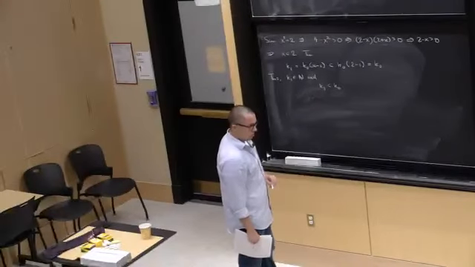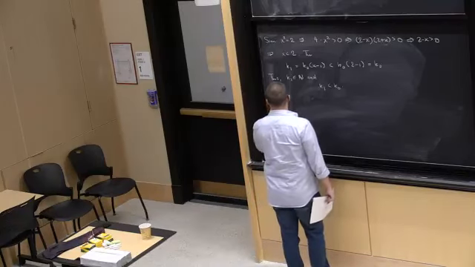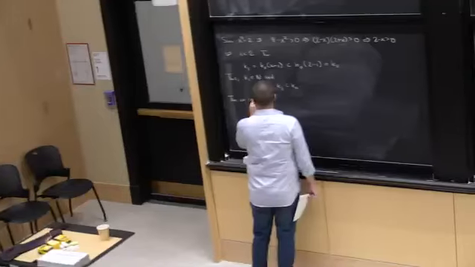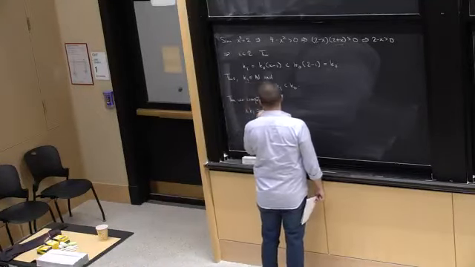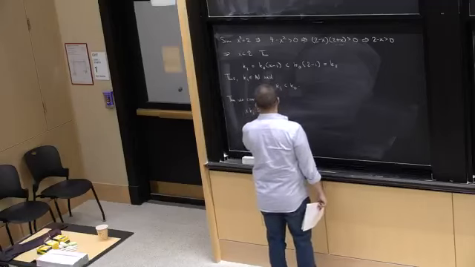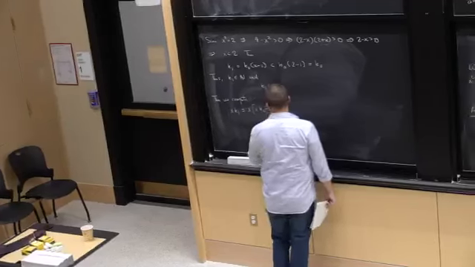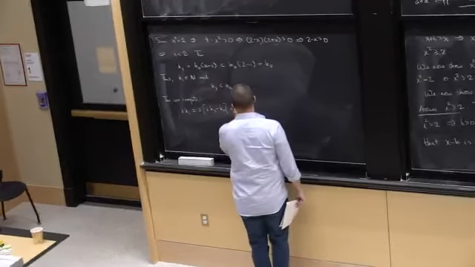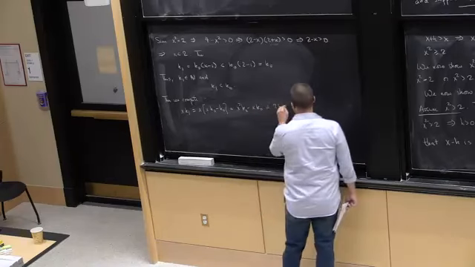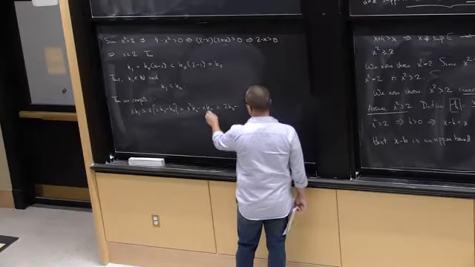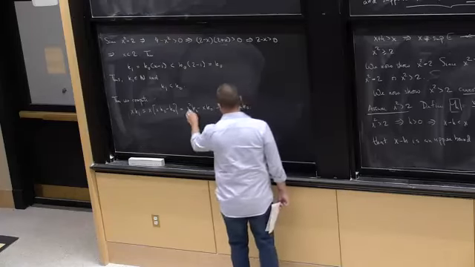But here comes the fun part. If we compute what x times K1 is, this is by definition x times K0 x minus K0. This is equal to x squared K0 minus x times K0, which equals 2 K0 minus x times K0, because x squared equals 2.